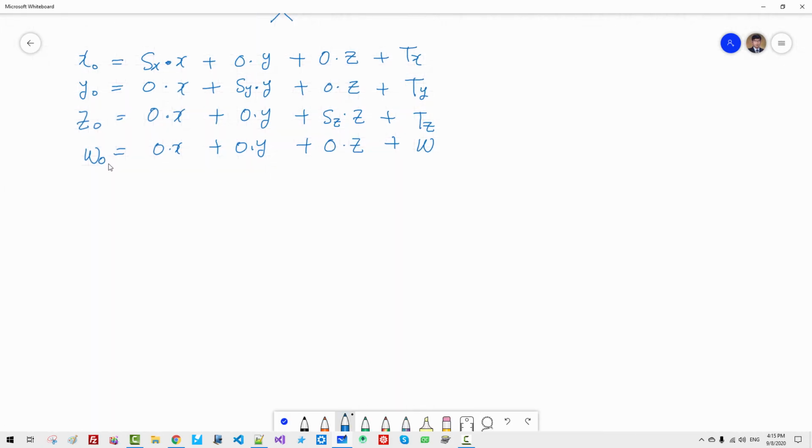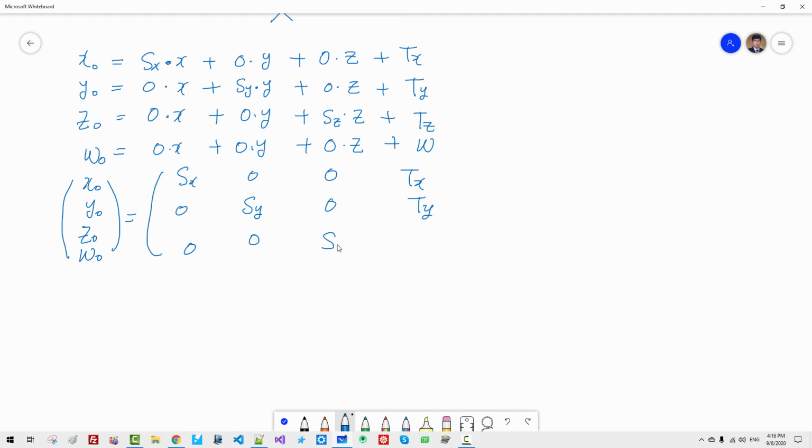If we form a matrix, it becomes [xo, yo, zo, wo] equals [sx 0 0 tx; 0 sy 0 ty; 0 0 sz tz; 0 0 0 1] times [x, y, z, w].